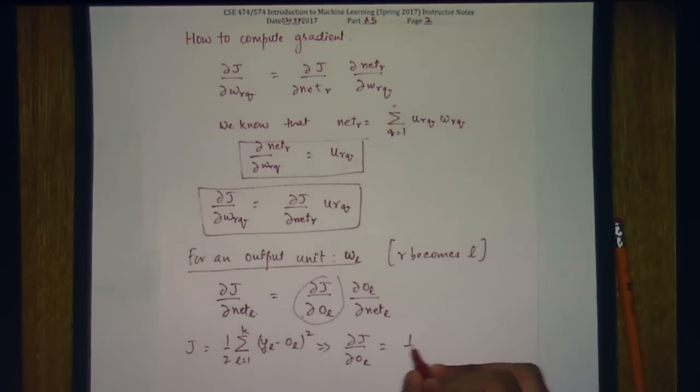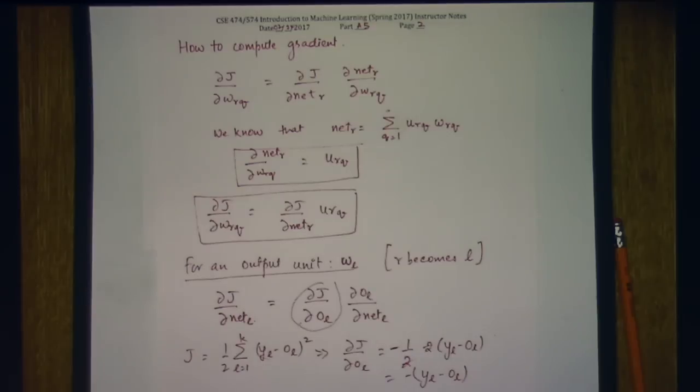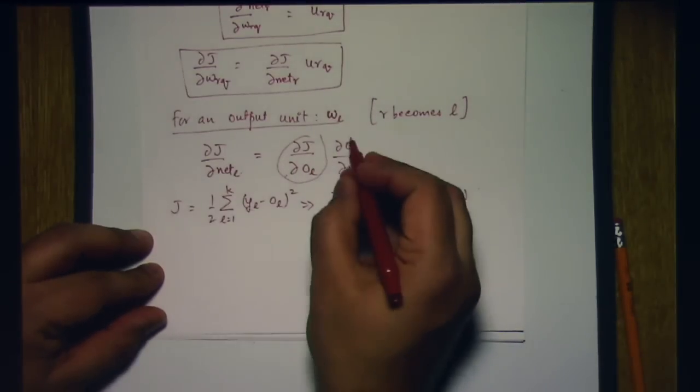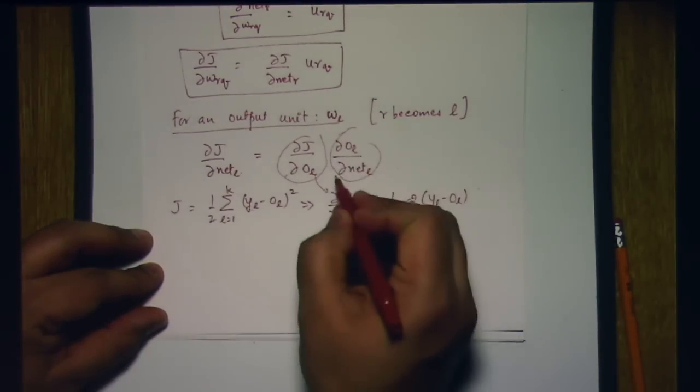So that will be half times 2 times YL minus OL, with just a minus term in the front. So that's just minus YL minus OL, right? That's just a simple differentiation. Any questions so far? That's pretty straightforward. So that means we have computed this part, right? So now let's look at this part.